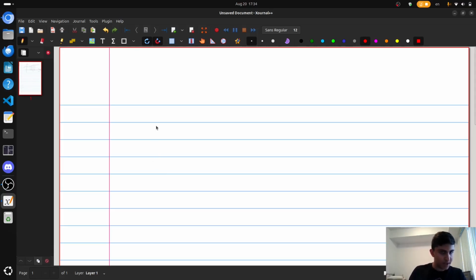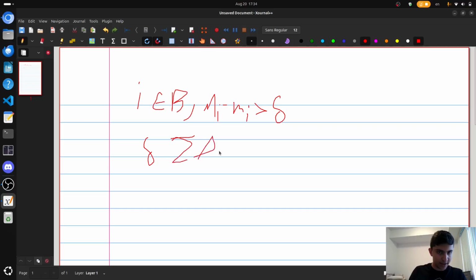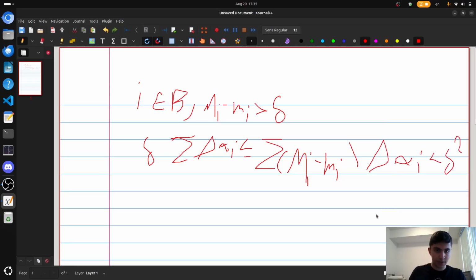We know that when I is in B, Mi minus mi is greater than eta. So the sum of delta alpha I is going to be less than or equal to the sum of Mi minus mi times delta alpha I, which is less than eta squared, because this is basically UPF alpha minus LPF alpha.